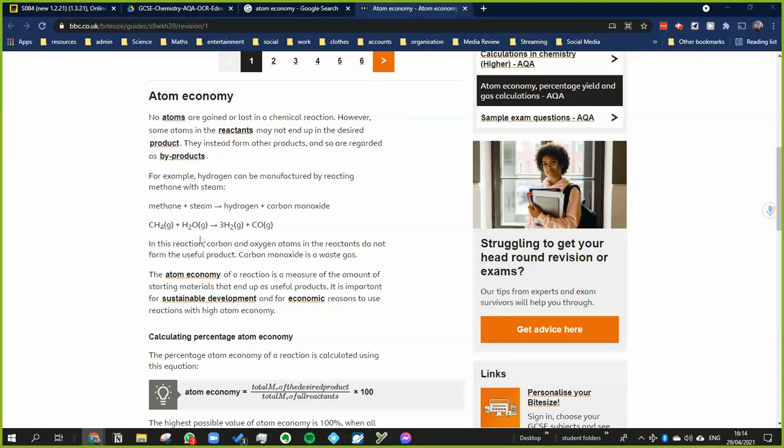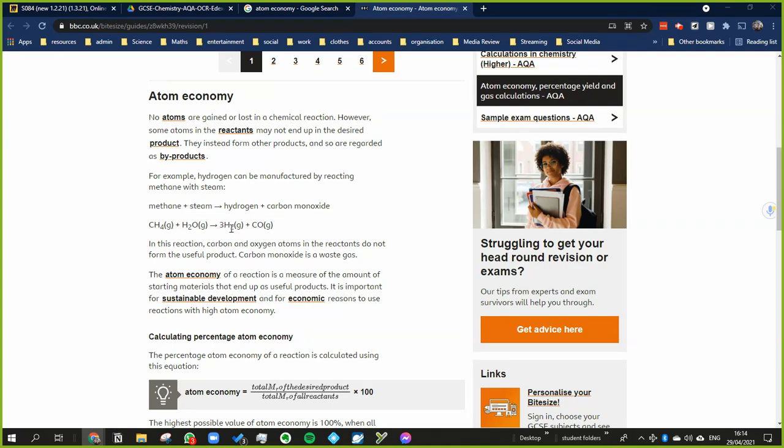What we're doing is a process to produce hydrogen. If you wanted to collect hydrogen gas, react methane with steam, and we get hydrogen and carbon monoxide. We don't want the carbon monoxide. It's a waste product or a byproduct, and the hydrogen is the desired product. The reactants are the things that are reacting, the methane and the steam.